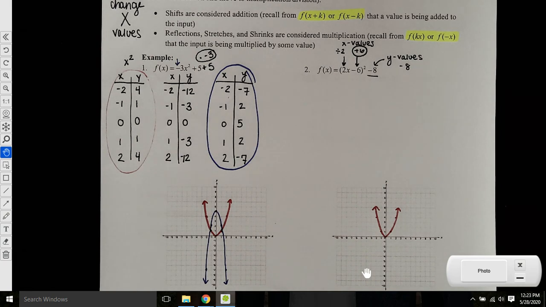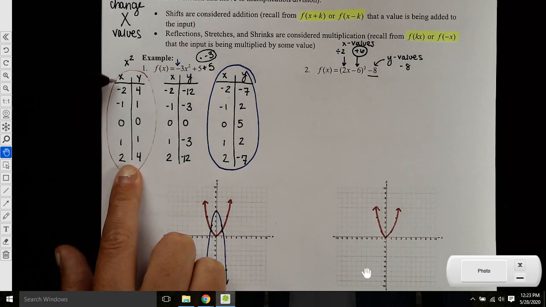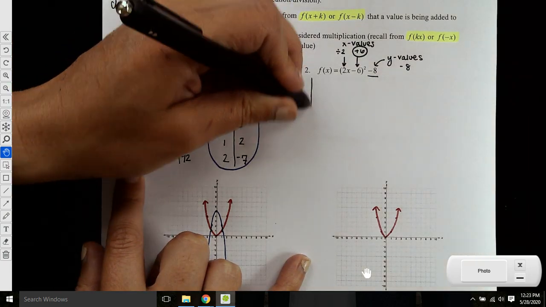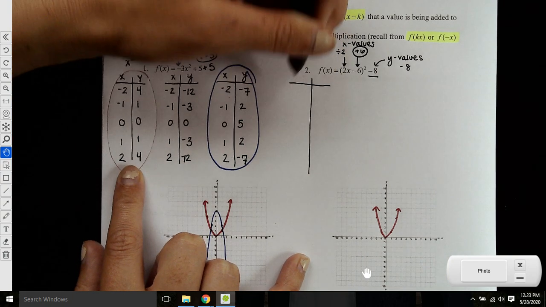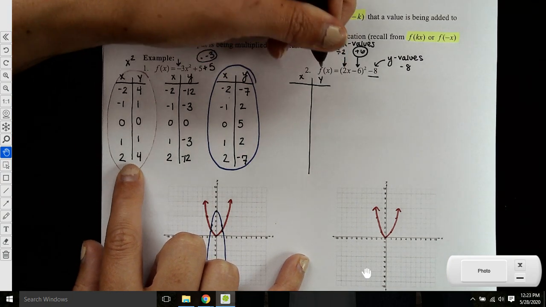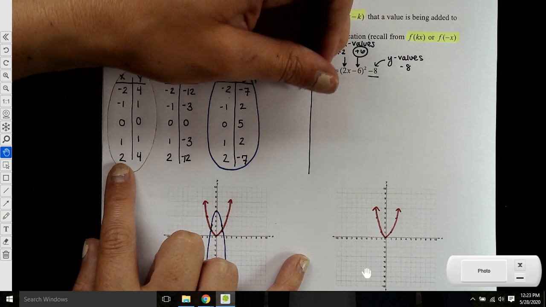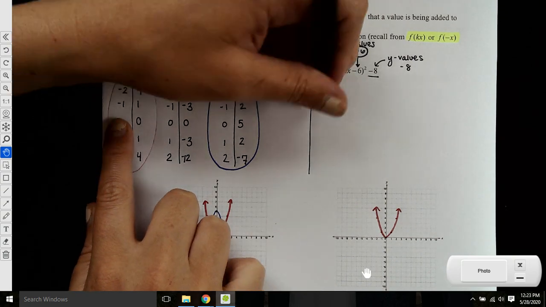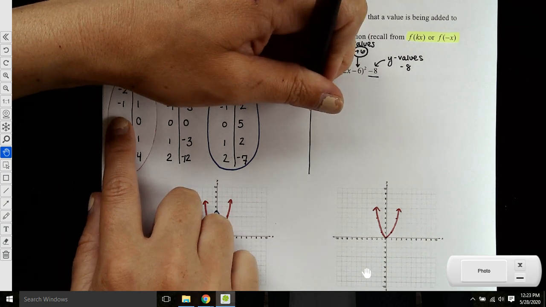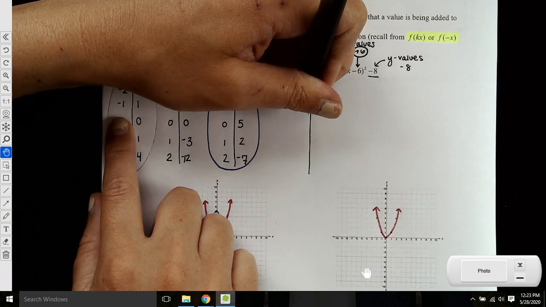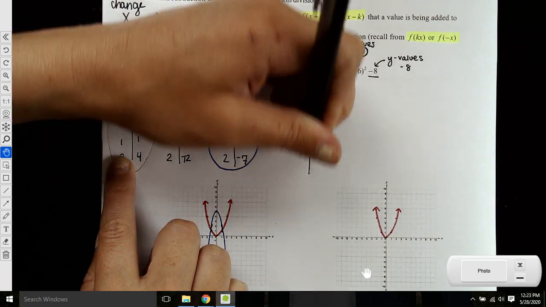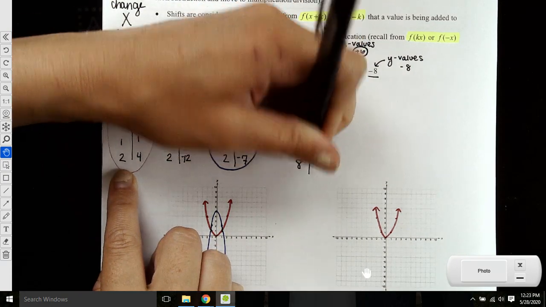So the x values, I'm looking at these x values, and the first thing I'm going to do is add 6 to them. So negative 2 plus 6 is 4. Negative 1 plus 6 is 5. 0 plus 6 is 6. 1 plus 6 is 7. 2 plus 6 is 8.